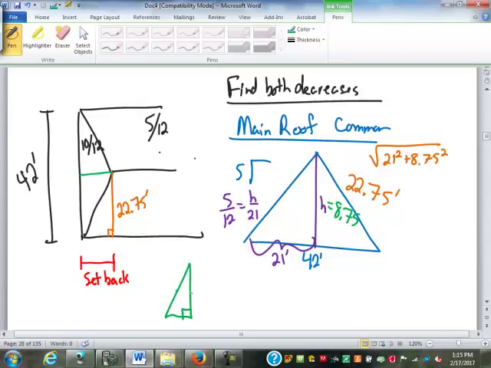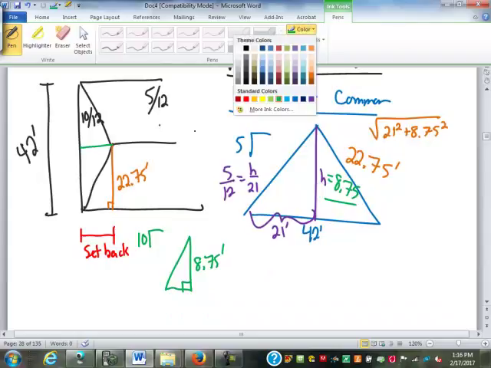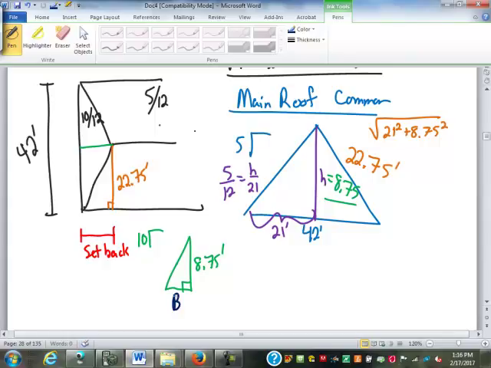What do we know about that triangle? We know it's 10/12 slope. We know the height's 8.75, same as the height in the common, right? So I'm going to call this here B for back, setback. S looks too much like a 5, so we're going to call it B.